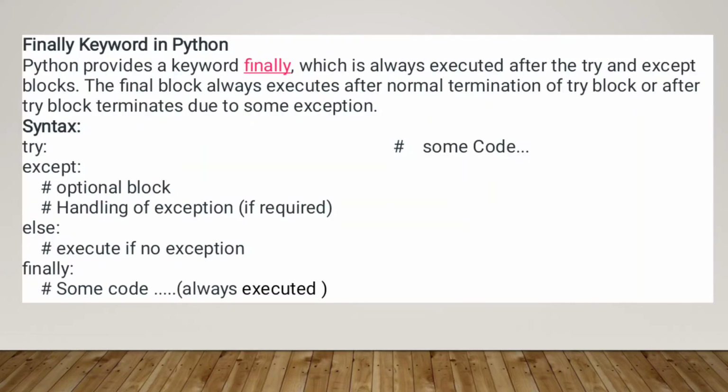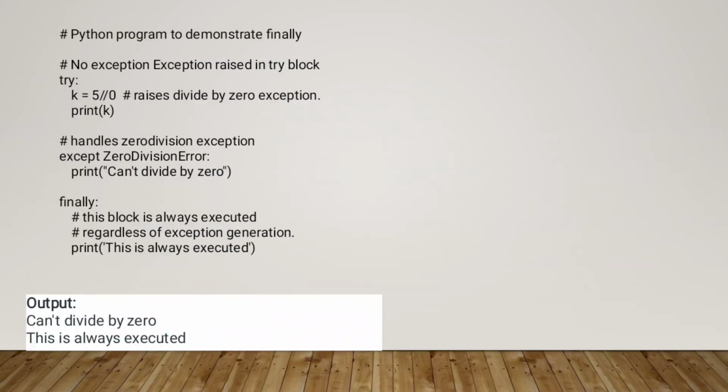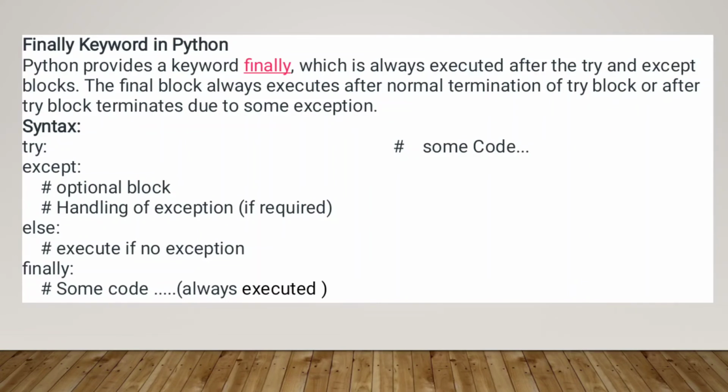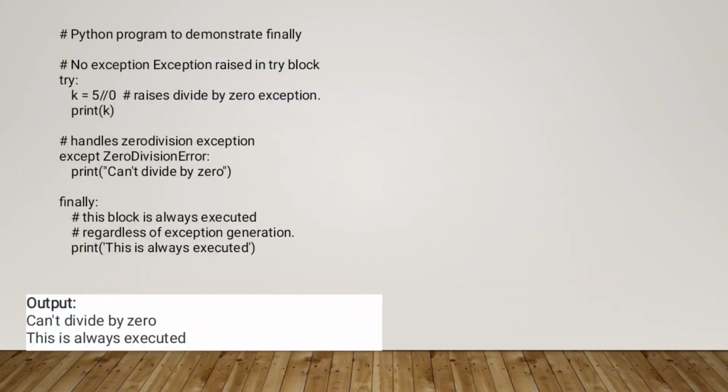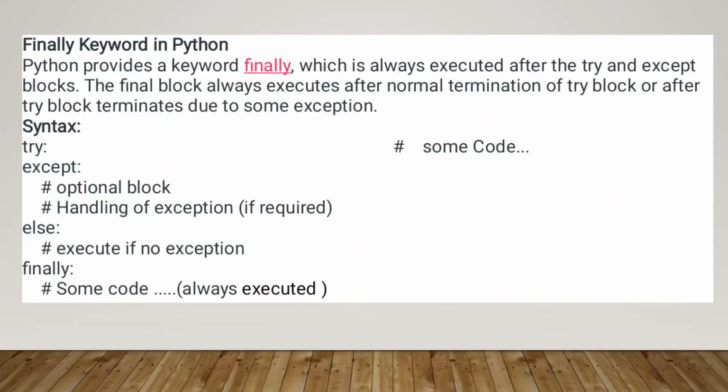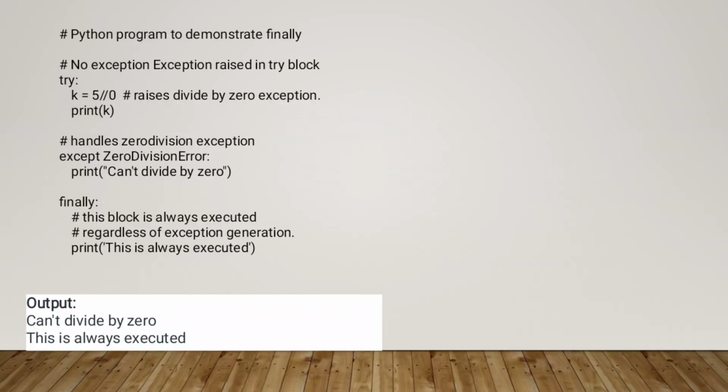Here we gave the syntax, a program and code for the finally keyword in Python. And the output will be: Can't divide by 0. This is always executed.